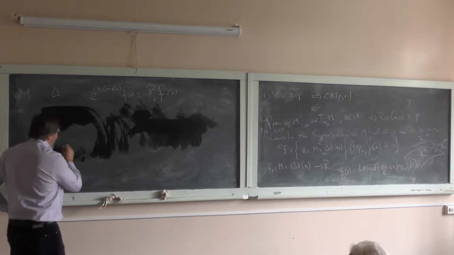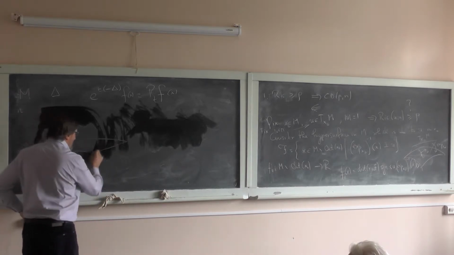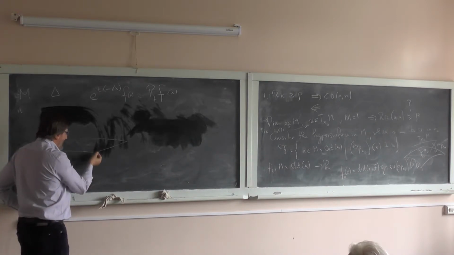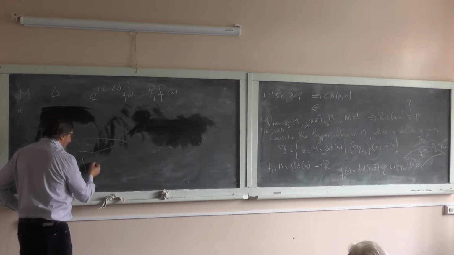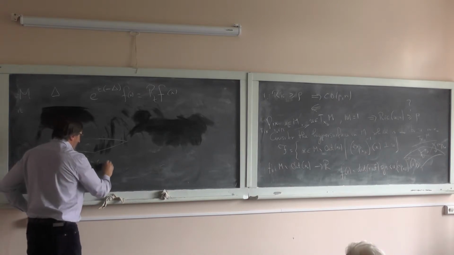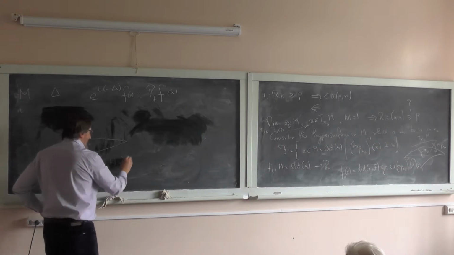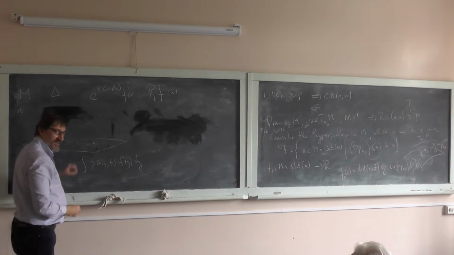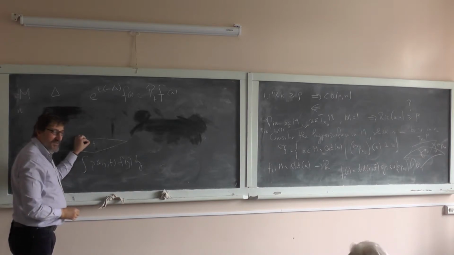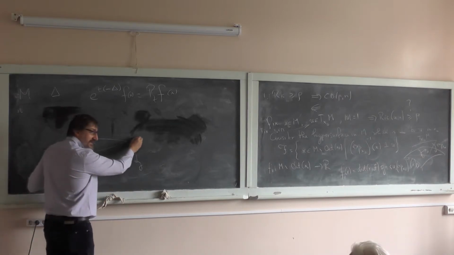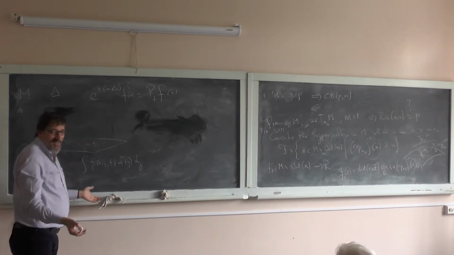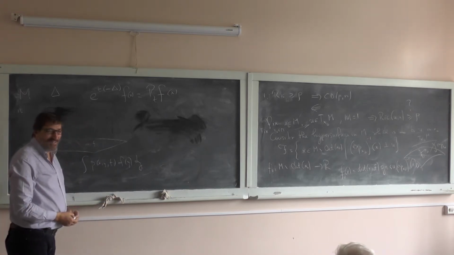Suppose I have a little source of heat here, and I write the solution of the heat equation, the integral of p(t,x,y) f(y) dy. No matter how small this source of heat is, as soon as t is bigger than 0, I will feel it anywhere. This is against physical reality, right?